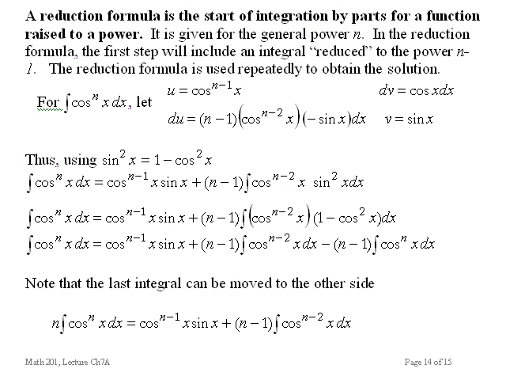Another use of integration by parts is to create what is called a reduction formula. Reduction formula applies to some usually transcendental function that's raised to a power n. For example, cosine raised to the power n of x dx.